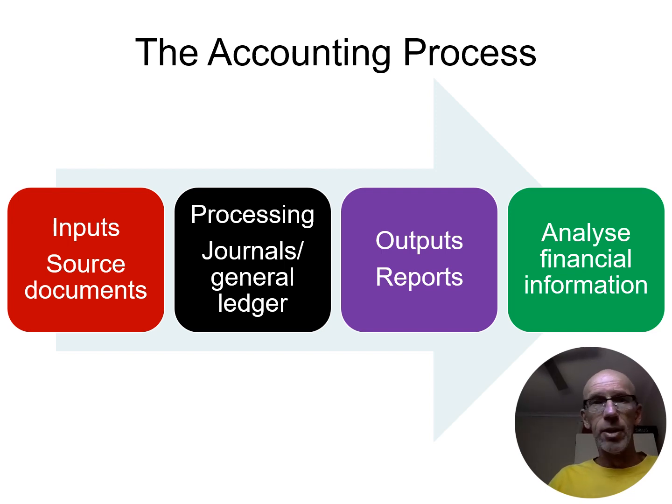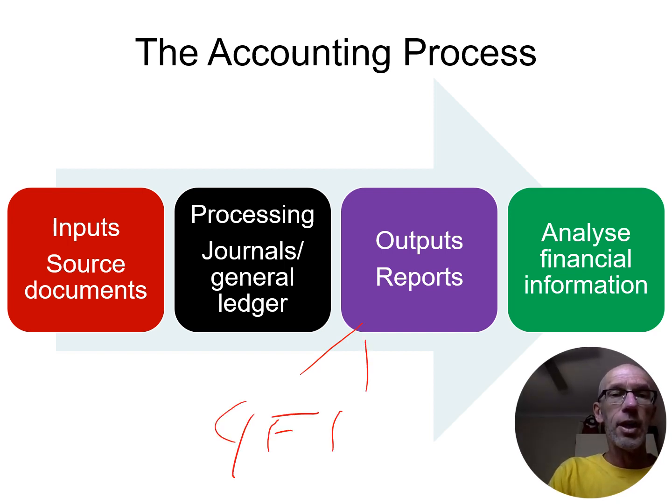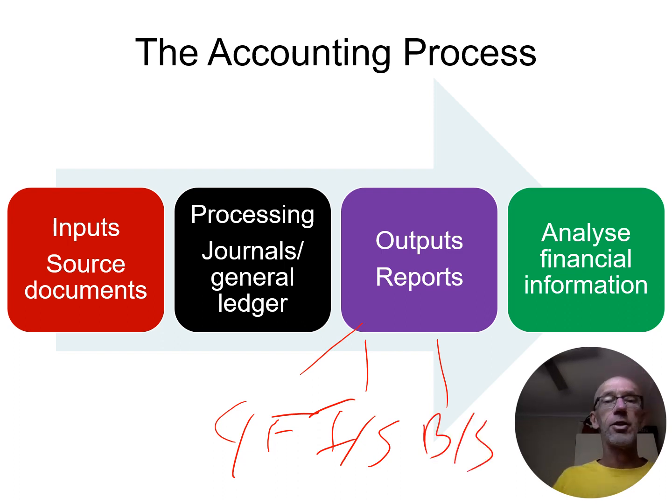If we're doing double entry in the Unit 3-4 course, then we bring the general journal into the mix as well as the general ledger. Then we get to stage 3, the outputs, which are the reports. In the VCE course, we have 3 key reports: the cash flow statement, the income statement, and of course, the balance sheet.